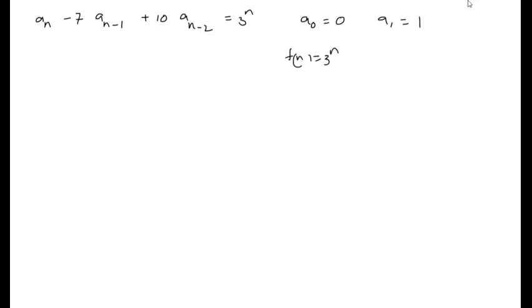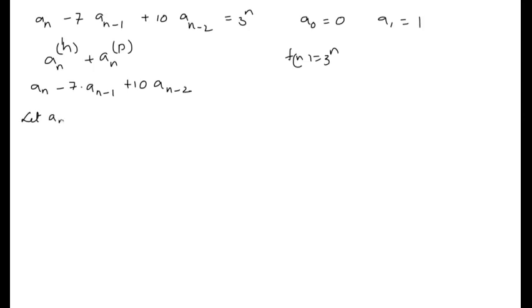The solution for this is a_n^h, the homogeneous solution, plus a_n^p, the particular solution. a_n^h is nothing but the solution of the associated recurrence relation, which is a_n - 7a_{n-1} + 10a_{n-2}.